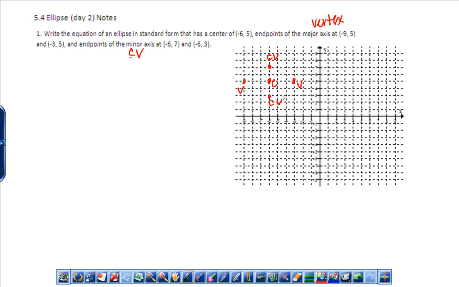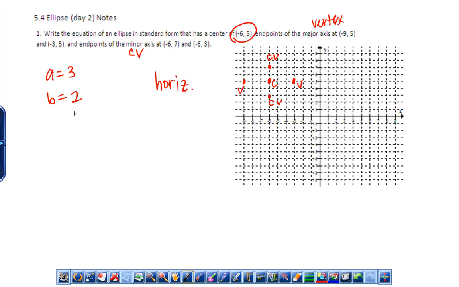And from here, I would go ahead and decide what your A and your B are. So my A is from here to here, so that's 1, 2, 3. So A is a distance of 3. B is a distance of 2. And we know that this is going to be horizontal. We can start writing our equation.